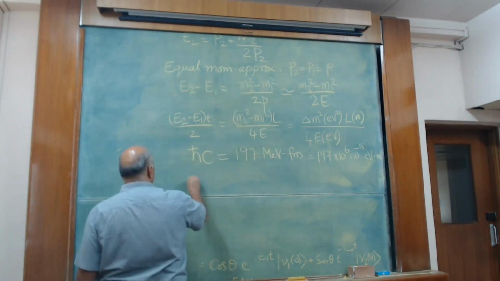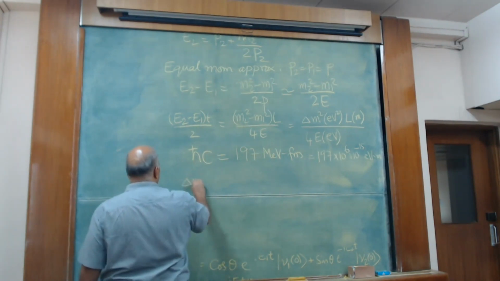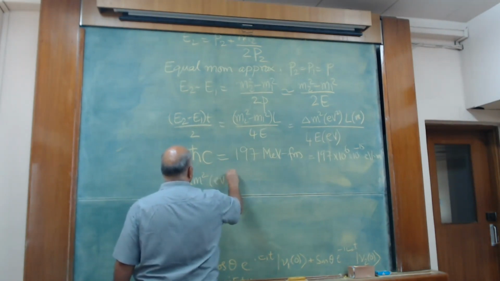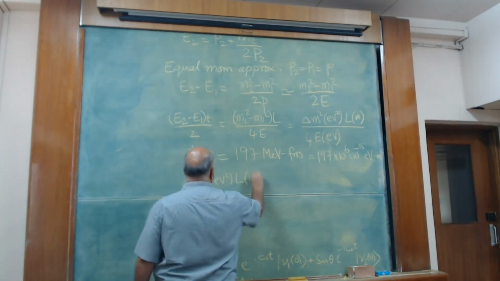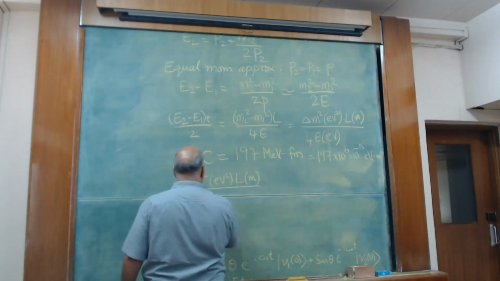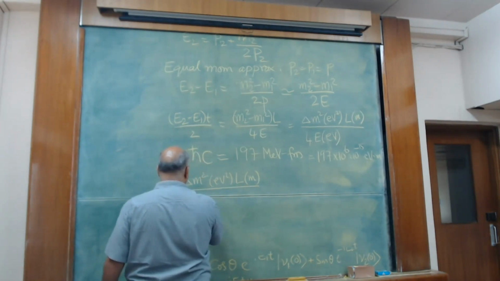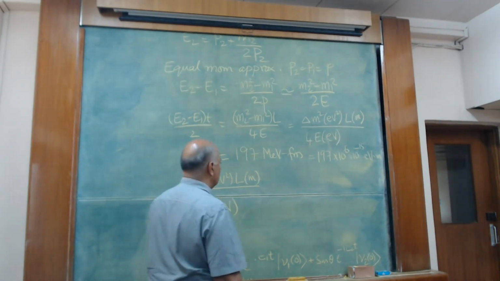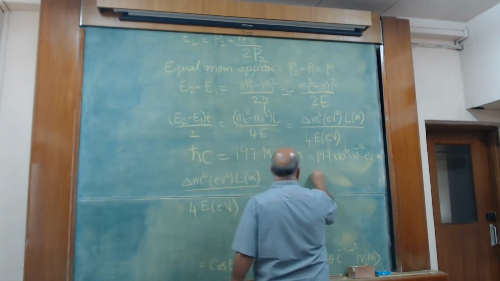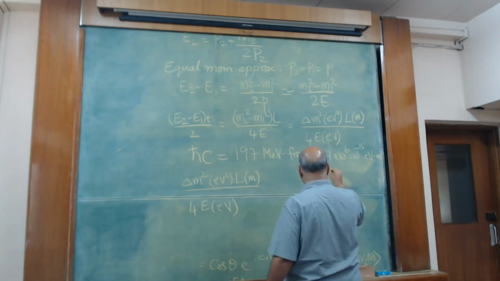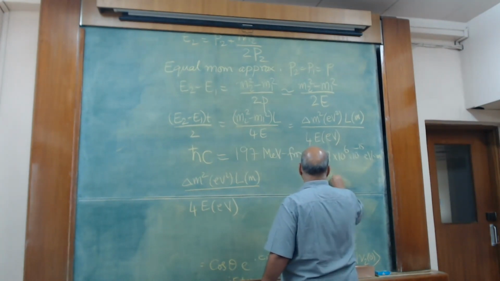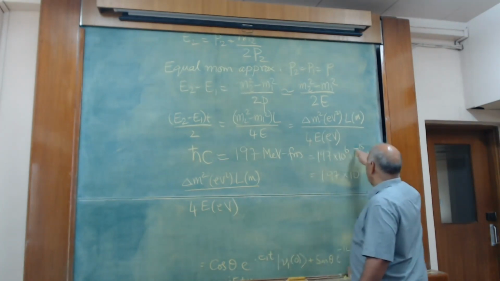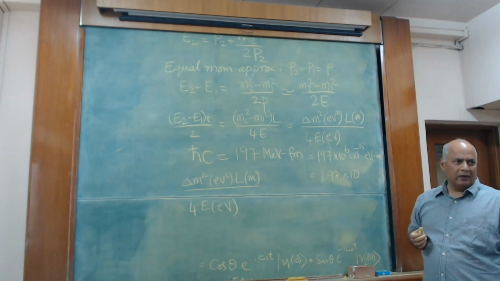So this argument is now delta m square in eV square, L in meters, divided by 4 times E in eV, and this is 1.97 into 10 power 8 and 10 power minus 15.